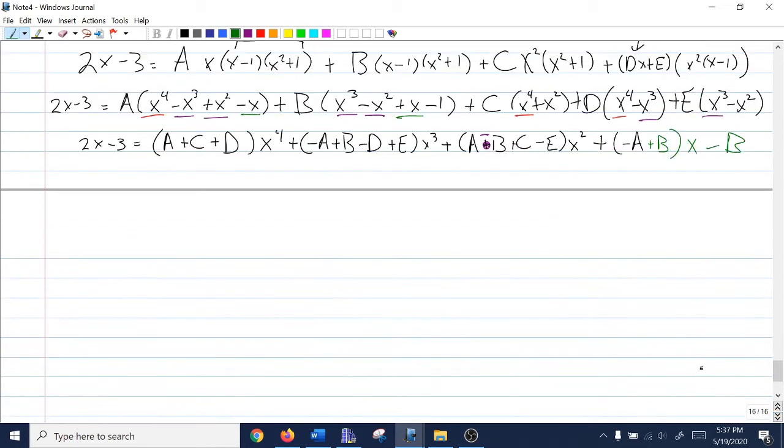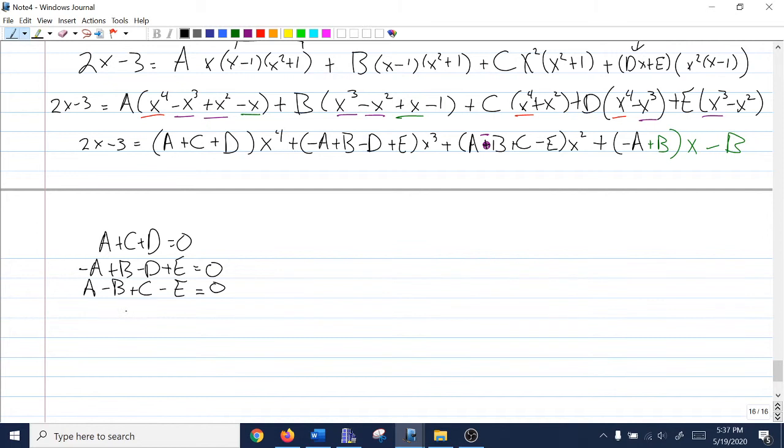That feels bad. So let's equate coefficients. X to the 4th: A plus C plus D equals 0. X cubed: negative A plus B minus D plus E equals, what's my x cubed term? No x cubed term. What's my x squared term? I get A minus B plus C minus E needs to equal, x squared term is 0.